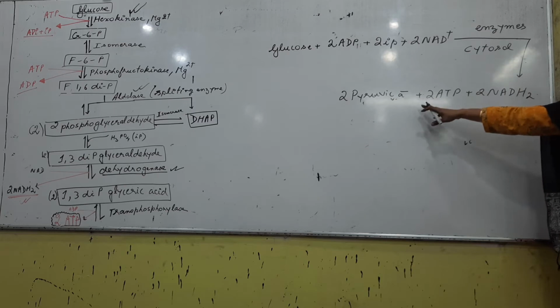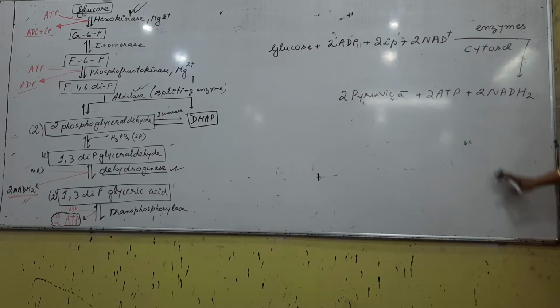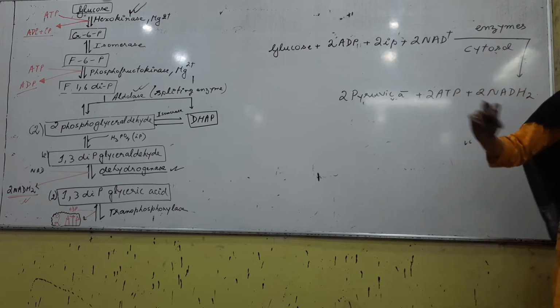Glucose gets converted to form pyruvic acid. Together with pyruvic acid, what they form is 2 ATP, and ultimately 2 NADH2. It occurs in the cytoplasm. Cytoplasm is also called cytosol.